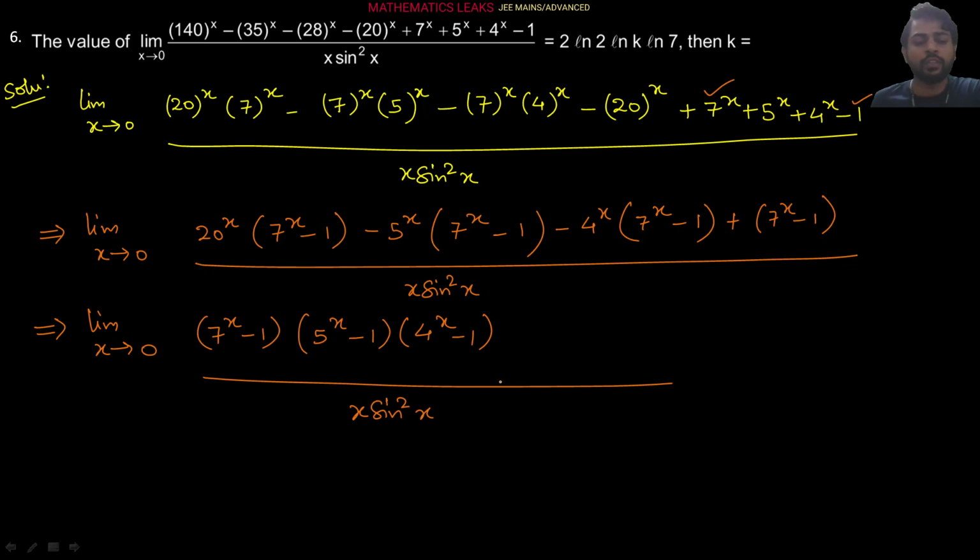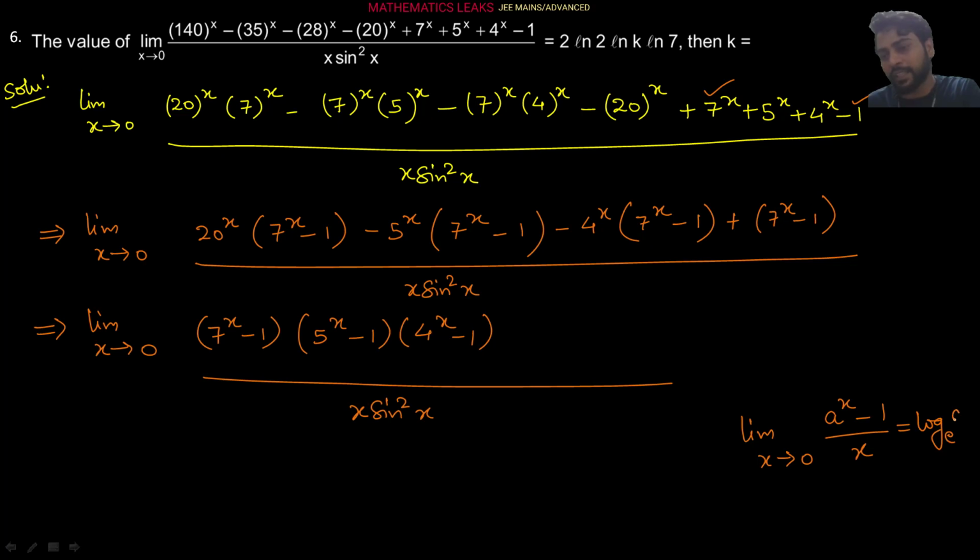Now here I am going to use some logic. That logic is using a frequently used limit. One limit you have to observe: limit x tends to 0, (a to the power x minus 1) upon x, that will be nothing but log base e a, right? So that is a frequently used limit that we are going to use in this.